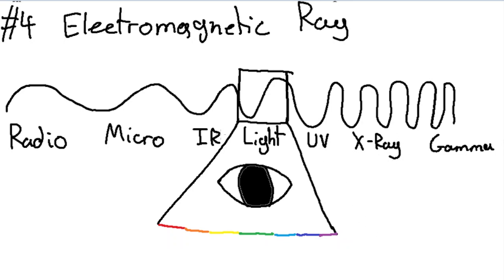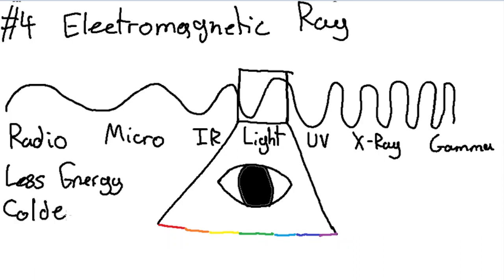And also wavelength. Okay, so I'm just going to explain. So to the left, the wavelength is bigger, and there's less energy here to the left, and there's also it's colder, right? When there's less energy, it's colder, right?